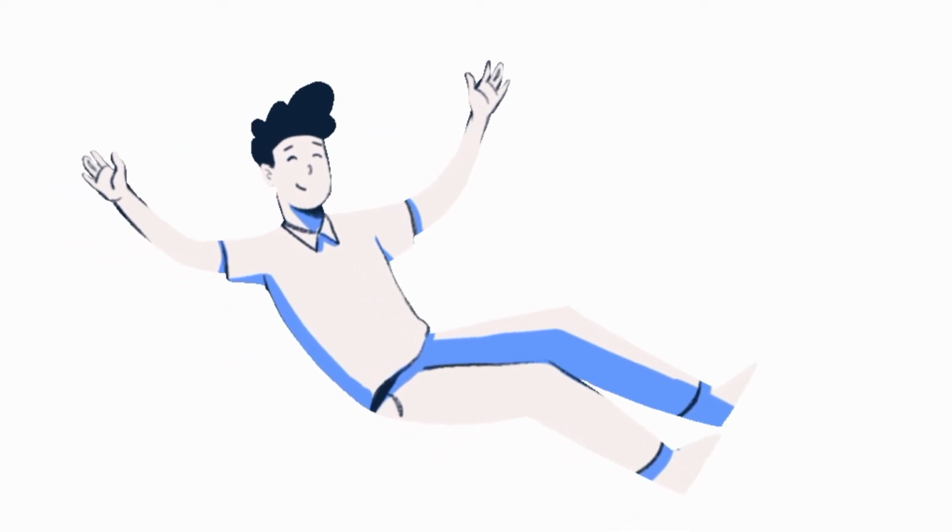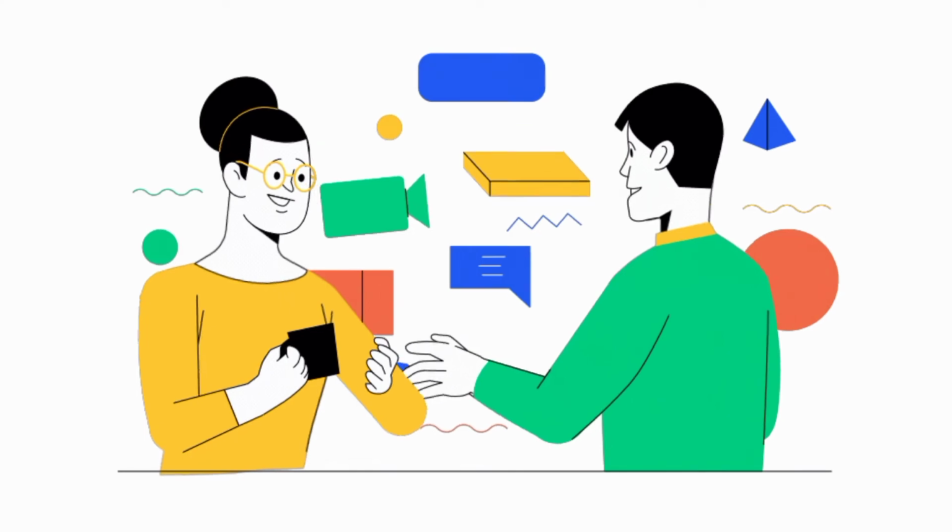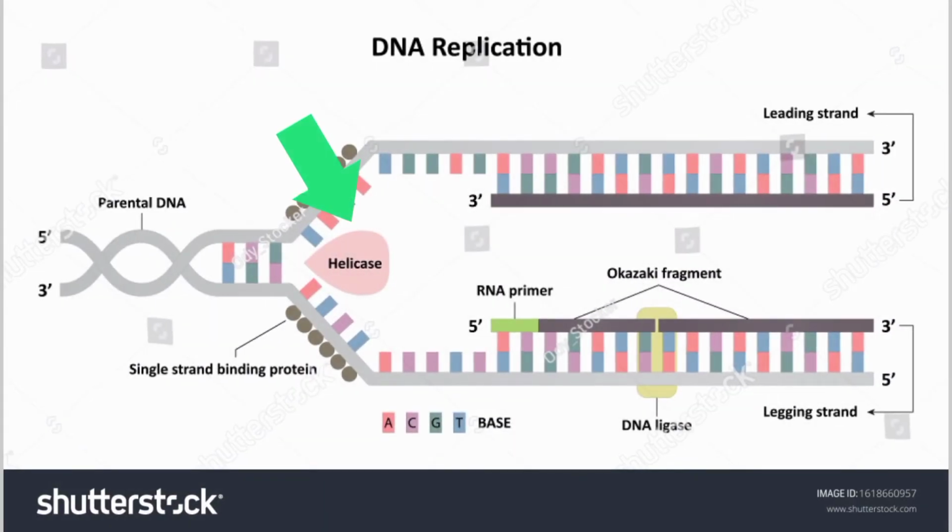One of the partners, called Helicase, has a nice, quiet personality that makes everyone who meets him relax. So Helicase is going to relax the double strand of DNA in an area called the origin of replication or replication fork. This fork is bidirectional, in which each fork moves through the parent DNA in opposite directions.